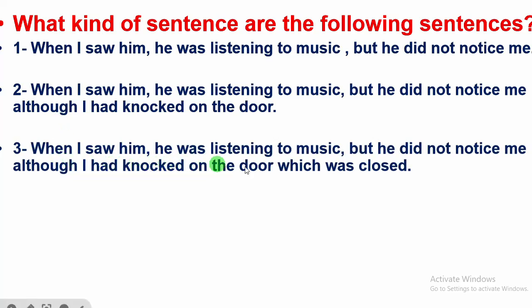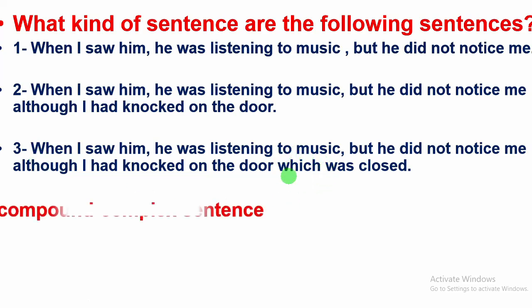When I saw him, he was listening to music, but he did not notice me, although I knocked on the door, which was closed. Here again, we have the subordinating conjunction when, and the coordinating conjunction but, then another subordinating conjunction although, and another subordinating conjunction, which is the relative pronoun which.